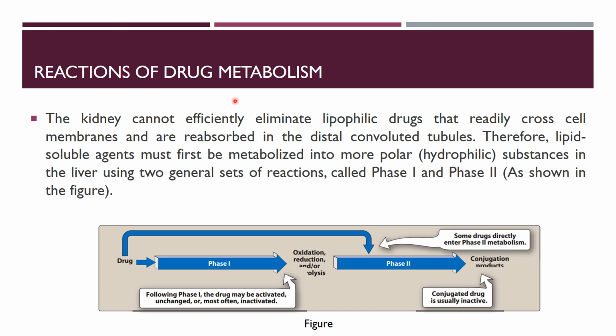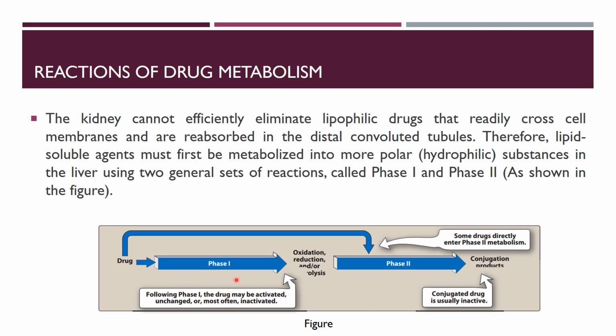Reactions of drug metabolism. The kidney cannot efficiently eliminate lipophilic drugs that readily cross cell membranes and are reabsorbed in the distal convoluted tubules. Therefore, lipid-soluble drugs must first be metabolized into more polar hydrophilic substances in the liver using two general sets of reactions called phase 1 and phase 2, as shown in the figure.